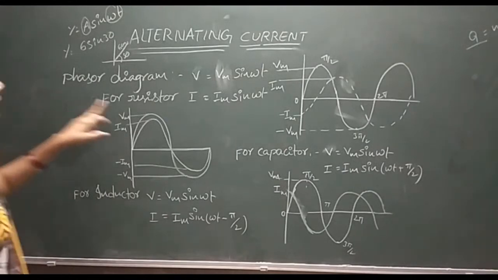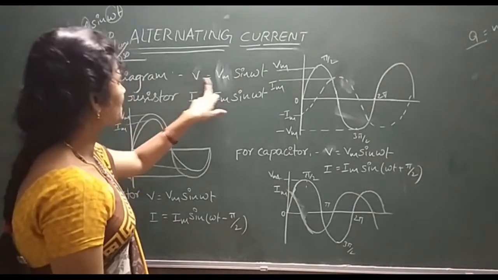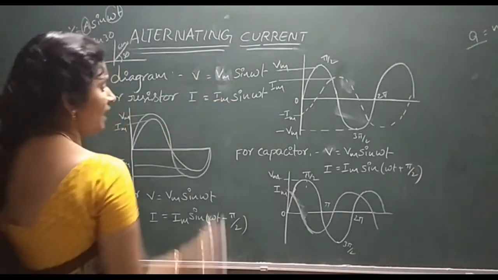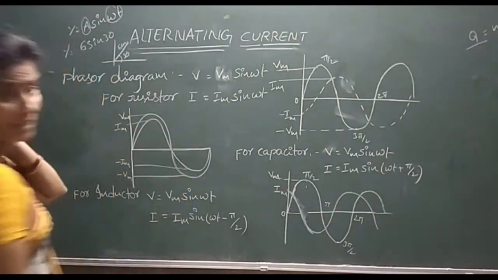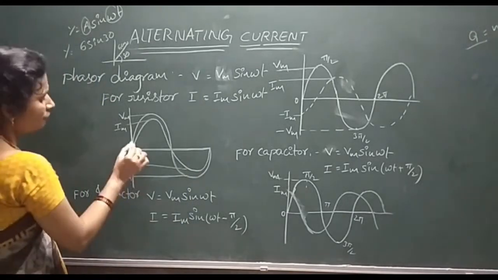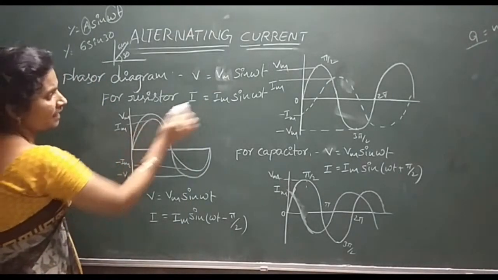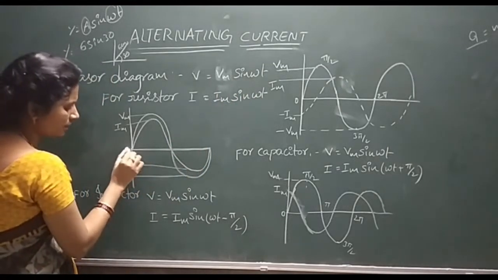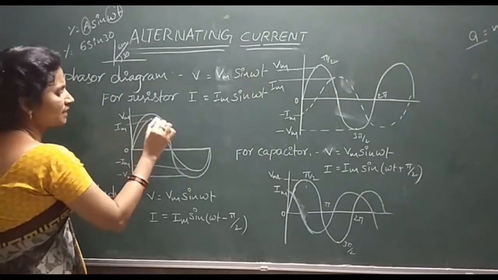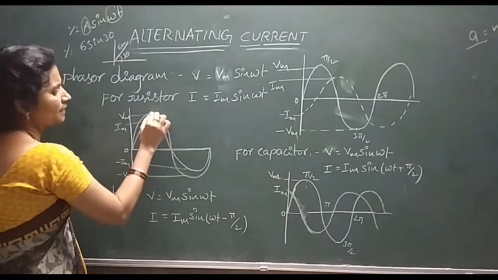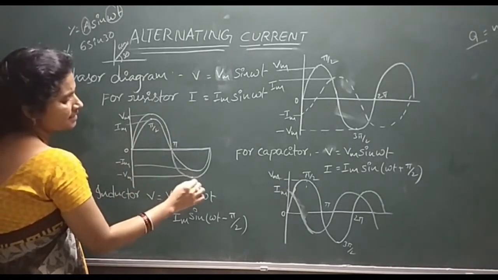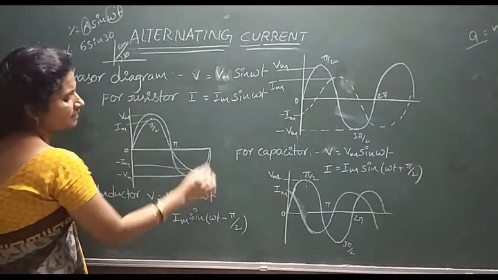So for the resistor we know that V = Vm sin omega t and I = Im sin omega t. There is no phase change. Suppose this is 0, this is pi by 2, this is pi, this is 3 pi by 2, and this is 2 pi.